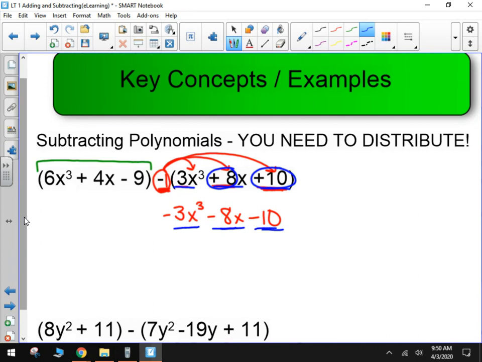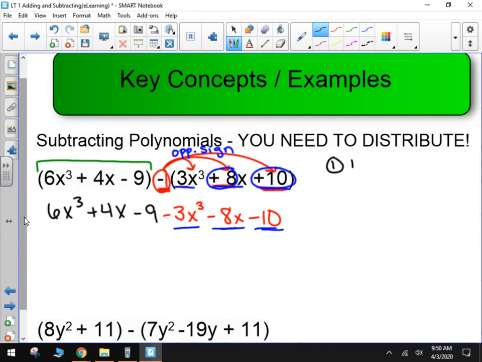So when you do this, you have to make these have the opposite sign. Okay, you have to do that first and then you can combine like terms. So I'm going to bring down my other polynomial here. Now that I have distributed the negative 1, or I've made those signs opposite of what they were, I can now combine like terms.